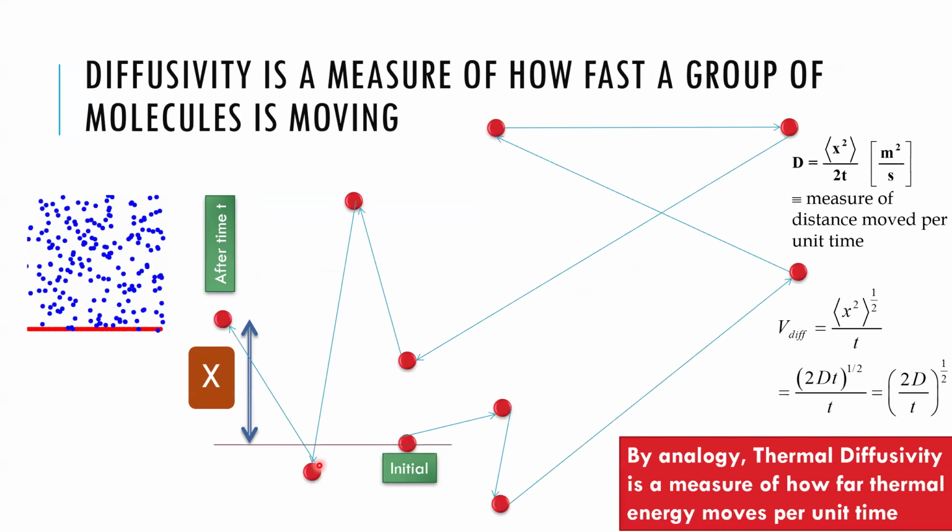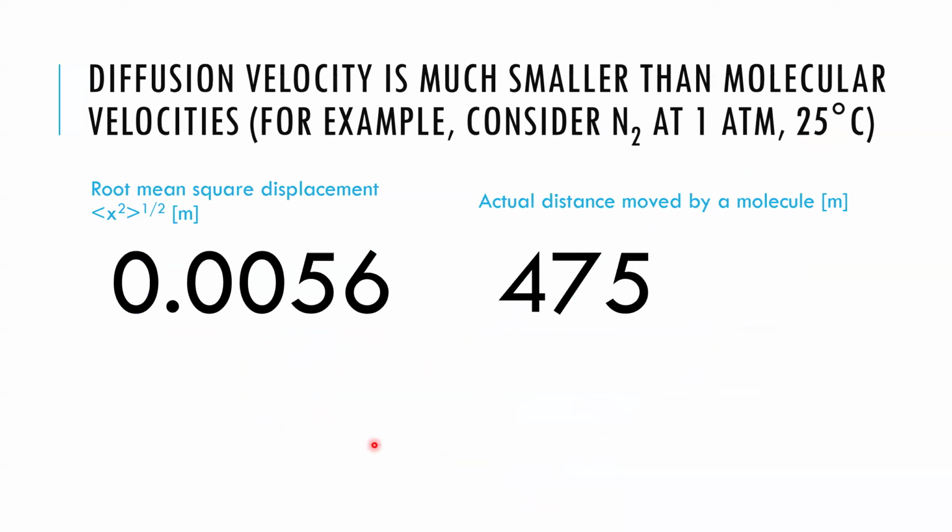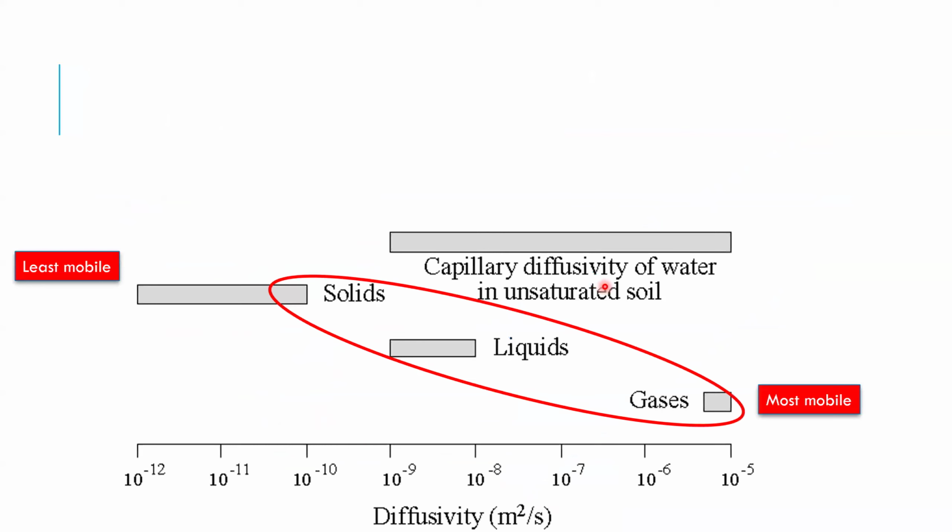So if we count all of these distances, that is what is meant by the 475 meters, but the actual diffusive distance moved is only 0.0056 meters. So diffusion is a very slow process, even when molecules are moving very fast, because they're bouncing against each other.